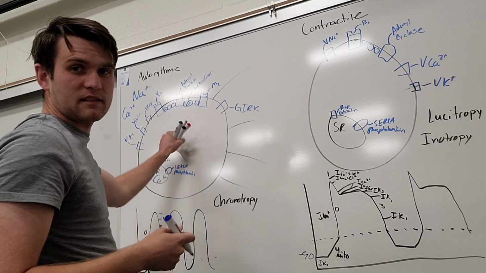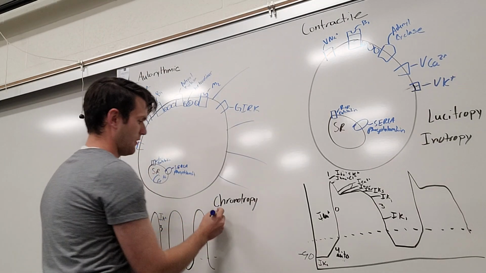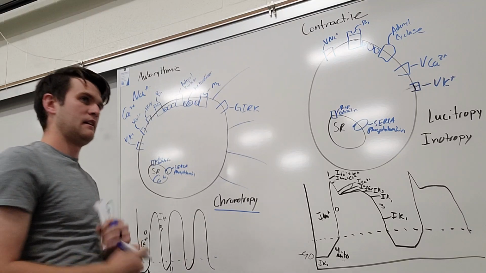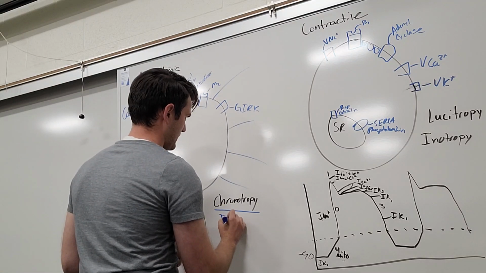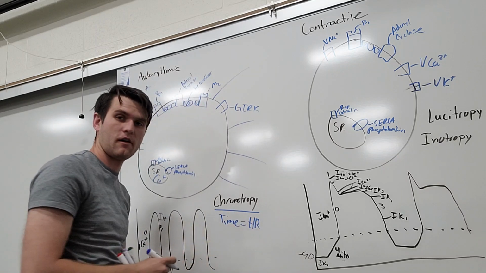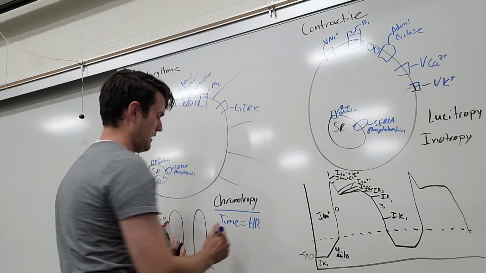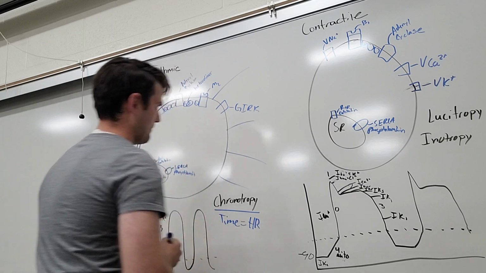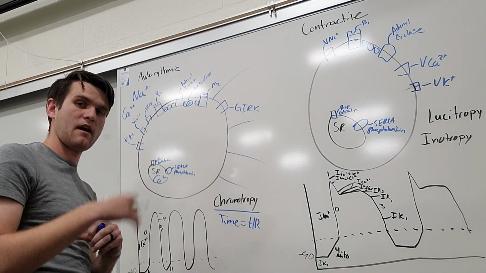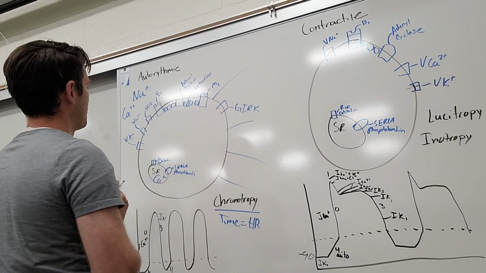Essentially, what the autorhythmic cells control is something called chronotropy. Chronotropy has to do with time, which is about how many beats your heart gets within a given time, okay? So it's going to set your chronotropy, or how many beats per minute you're going to have, okay?